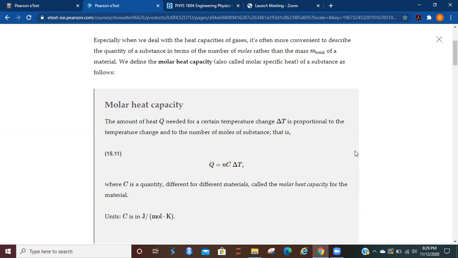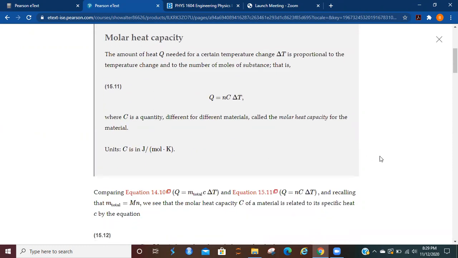So the amount of heat needed for a certain temperature change is proportional to the temperature change and to the number of moles of the substance. And then C is going to be the constant, the heat capacity, in this case the molar heat capacity, because we're talking about moles, for the material. It's the way you make sure that the equation is calibrated, so it becomes an equation.